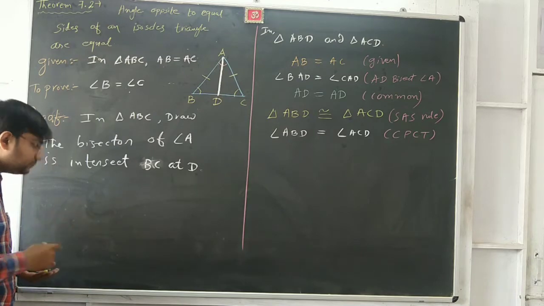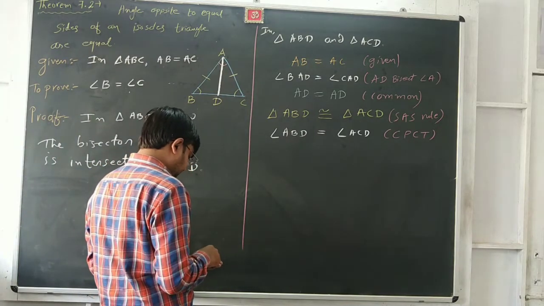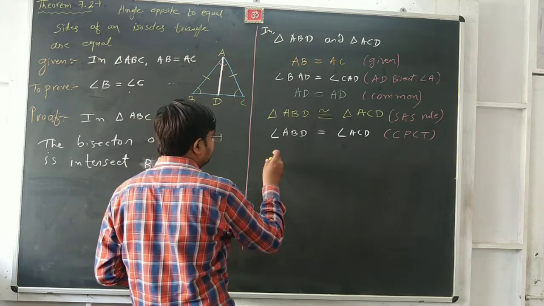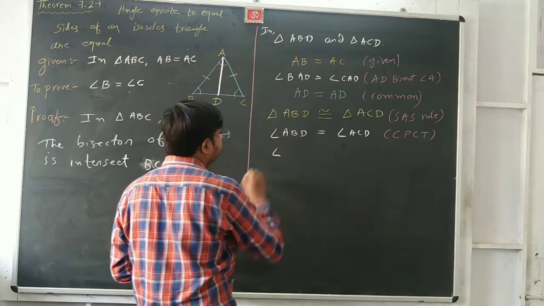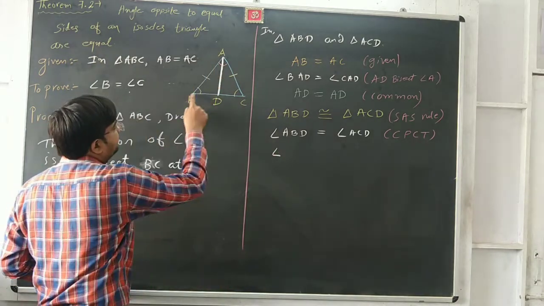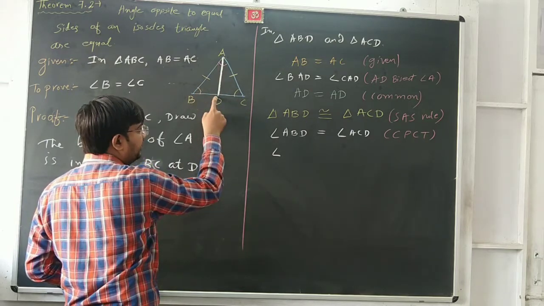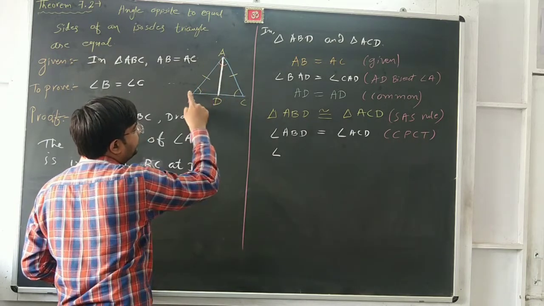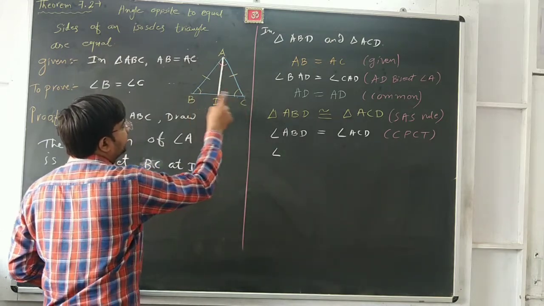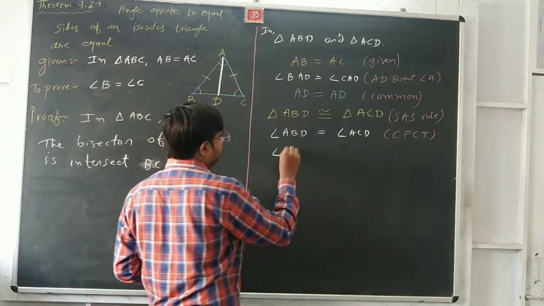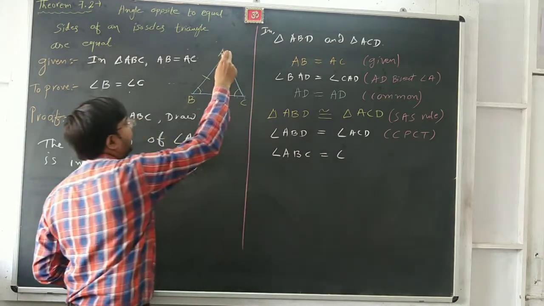So I can also write, here is ABD and ACD. Here ABD is okay, but we can write ABC also because point D is on BC. So we can also write angle ABC is equal to angle ACD.